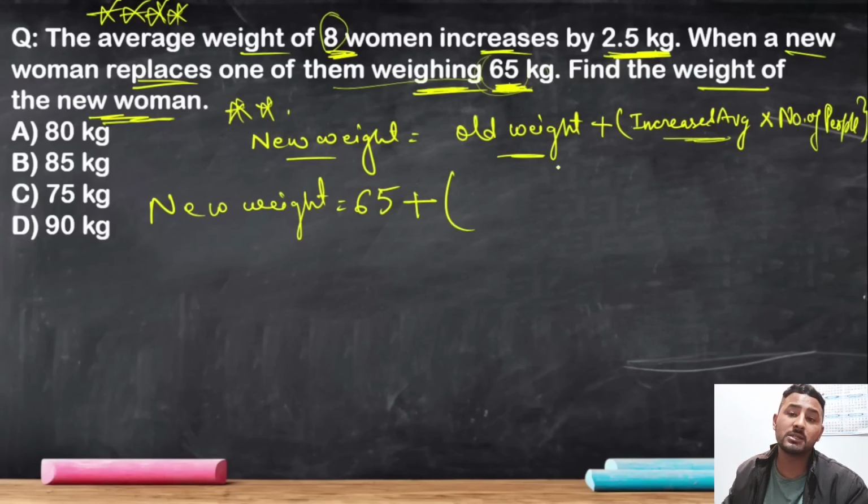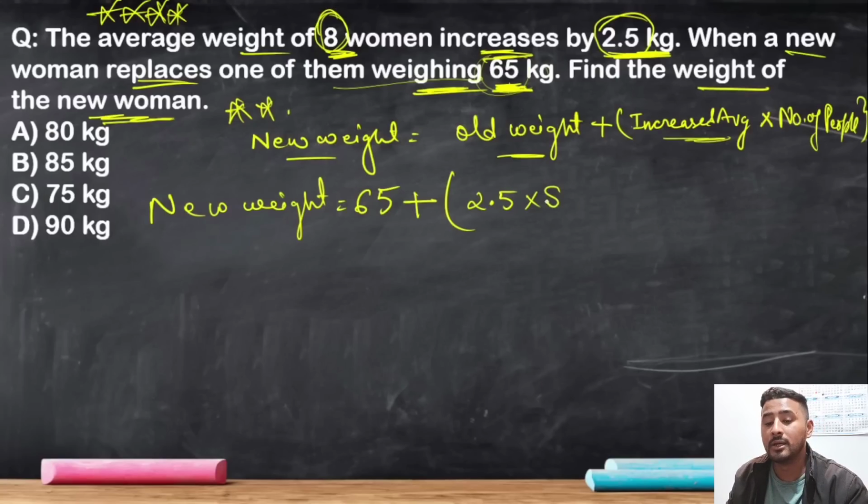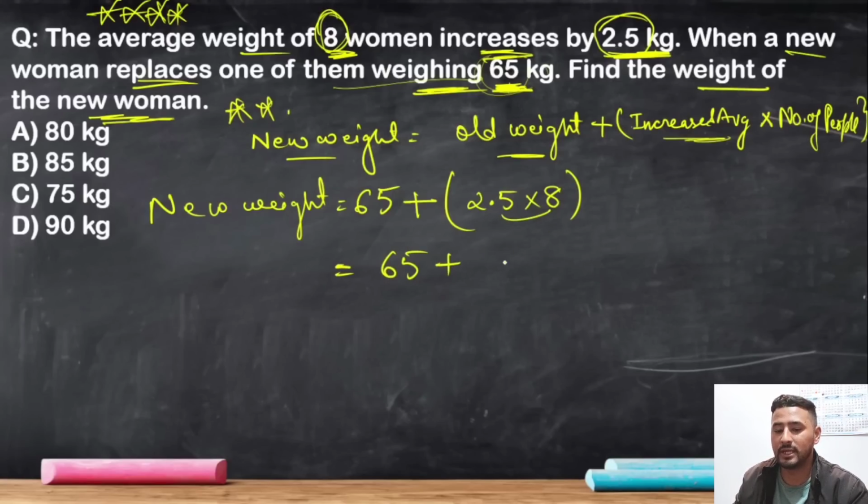Then we have plus the increased average. How much is increased? The average weight of the women increases by 2.5, so all of them are increased by 2.5. And the total number of people is 8 women. So you should do 65 plus 2.5 into 8.